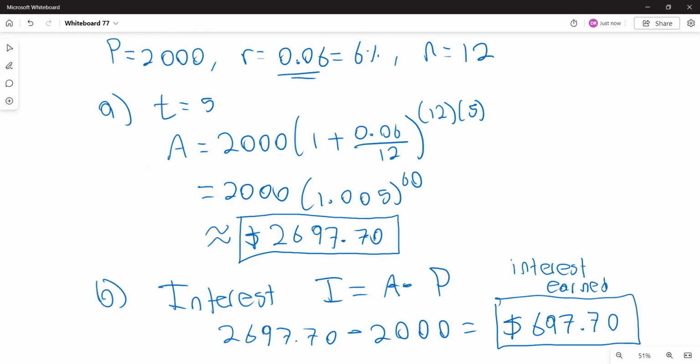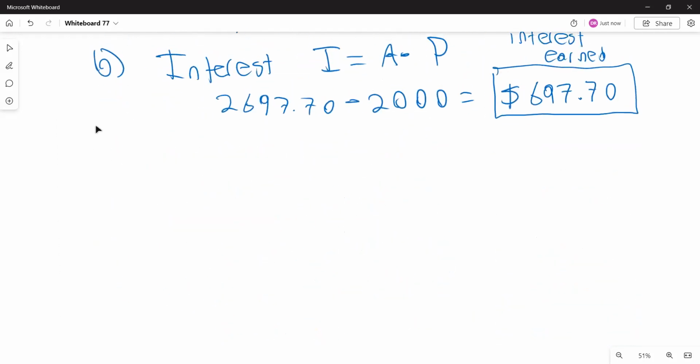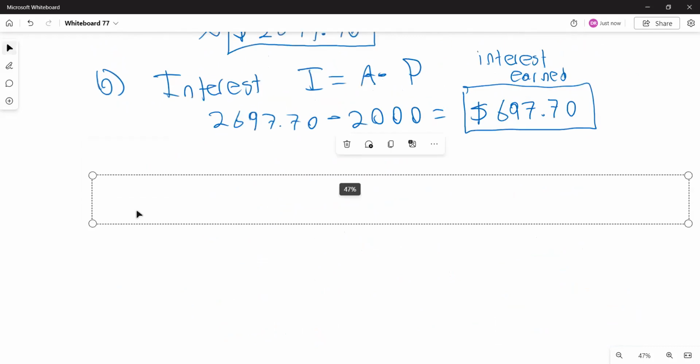Okay, I'm going to copy the next example from the book. We're using the compound interest formula. In the last example, we knew the principal and we found the final amount.